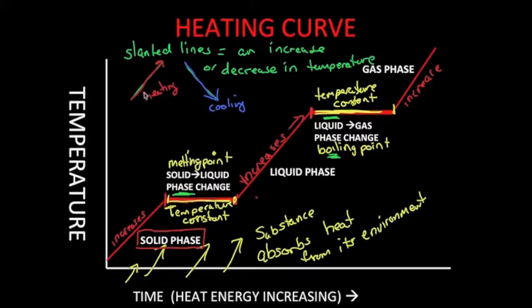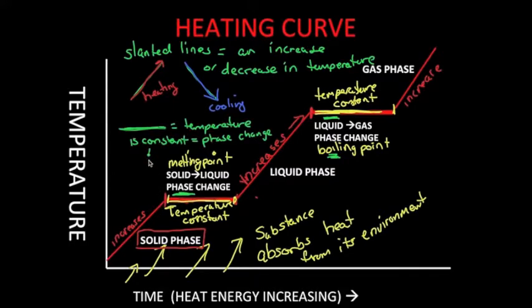So lines that are slanted up indicate that the substance is absorbing energy, and lines that slant down indicate that a substance is losing heat energy. Flat lines indicate that the substance's temperature is remaining constant, so that tells us that the substance is going through a phase change at that temperature.